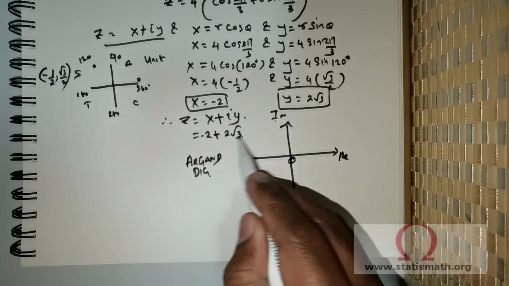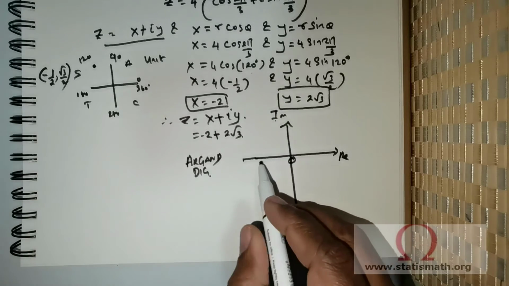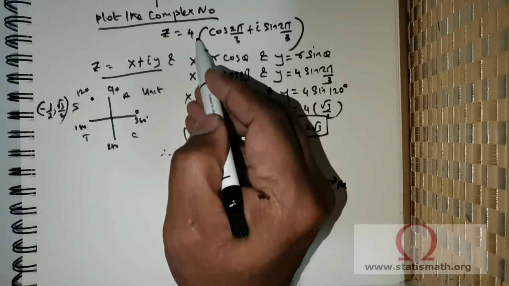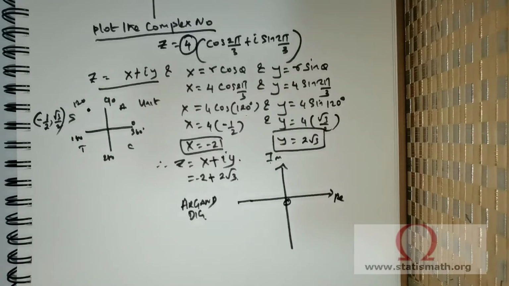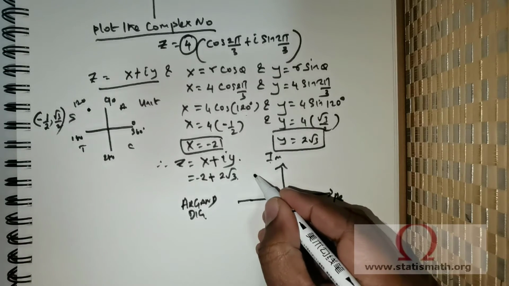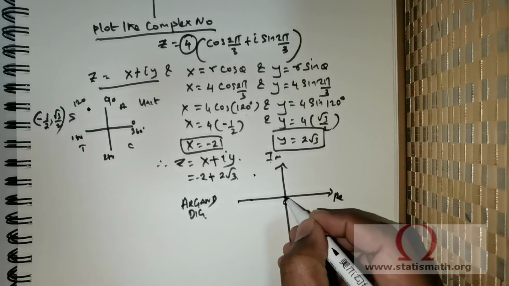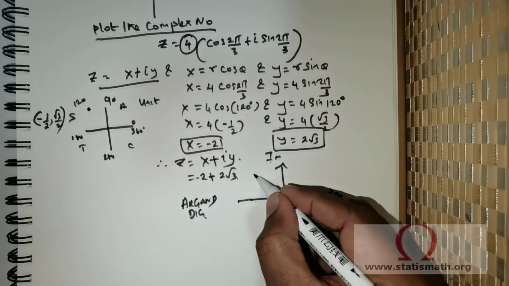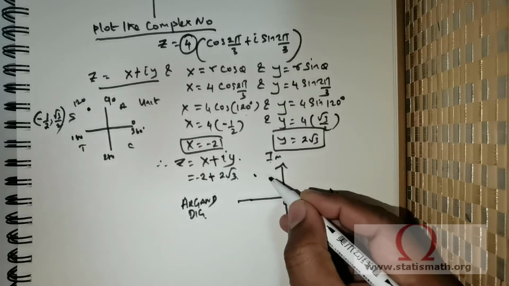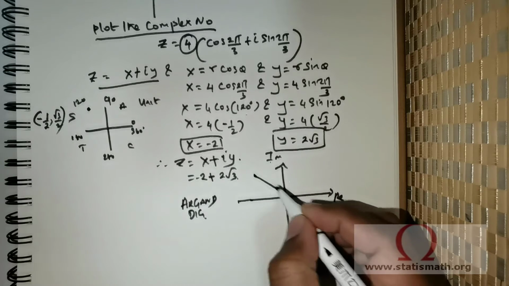So this is the positive part of the imaginary axis. The magnitude is given to be 4, so we have to take 4 units from the origin O, and if I were to draw the line, it's going to be somewhere over here.